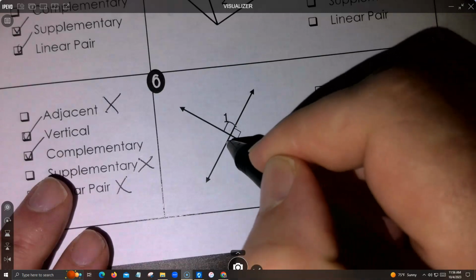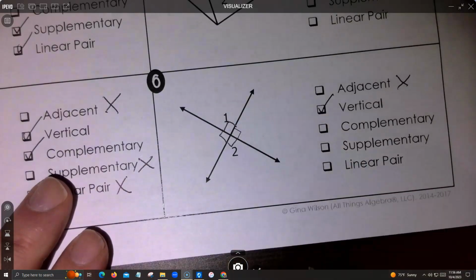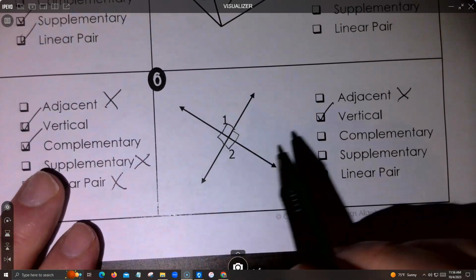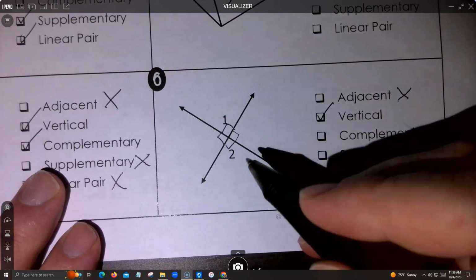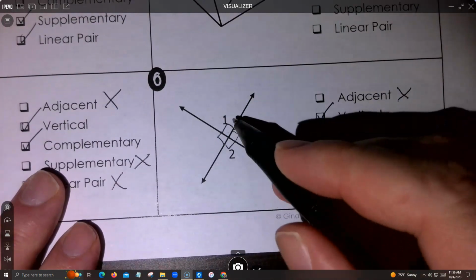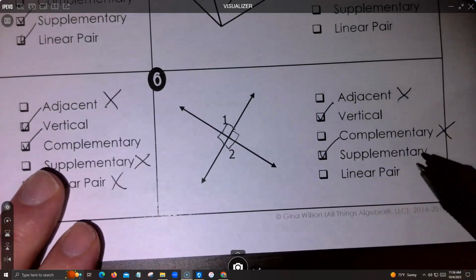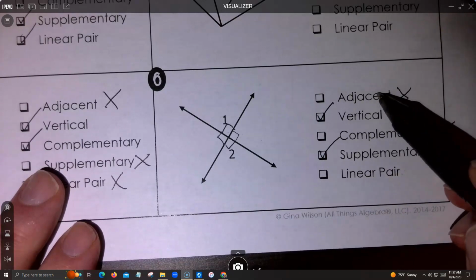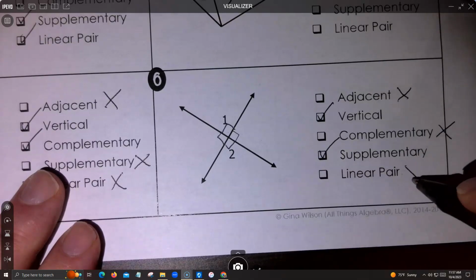They're across from each other, so this is 90. So this is 90 as well. So all of these are 90-degree angles. Okay, so angle 1 and angle 2 do not add up to be 90, so this is out. This is 90 and this is 90. 90 plus 90 is supplementary. Now, do they form a linear pair? No, because they're not adjacent. They have to have a common side for them to be a linear pair, so this is out.